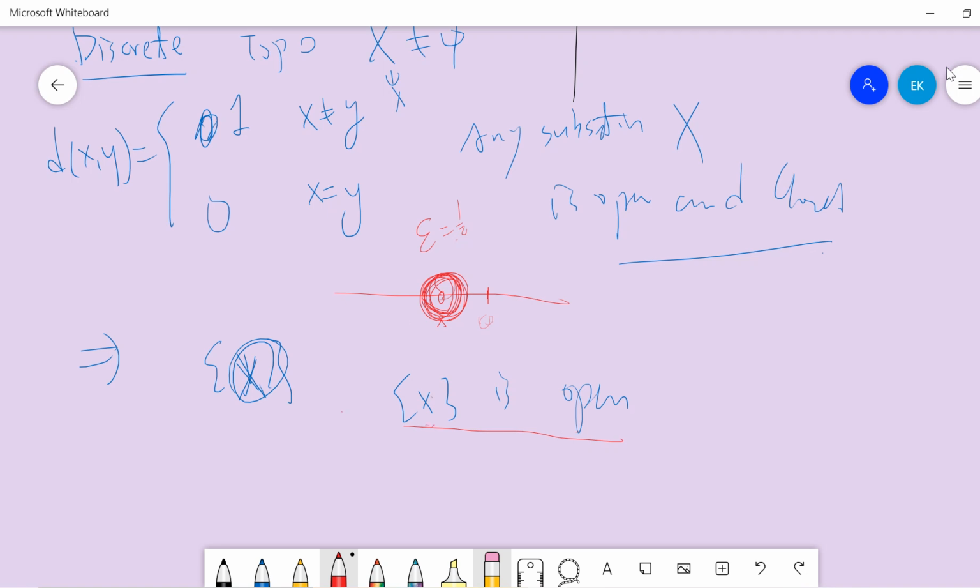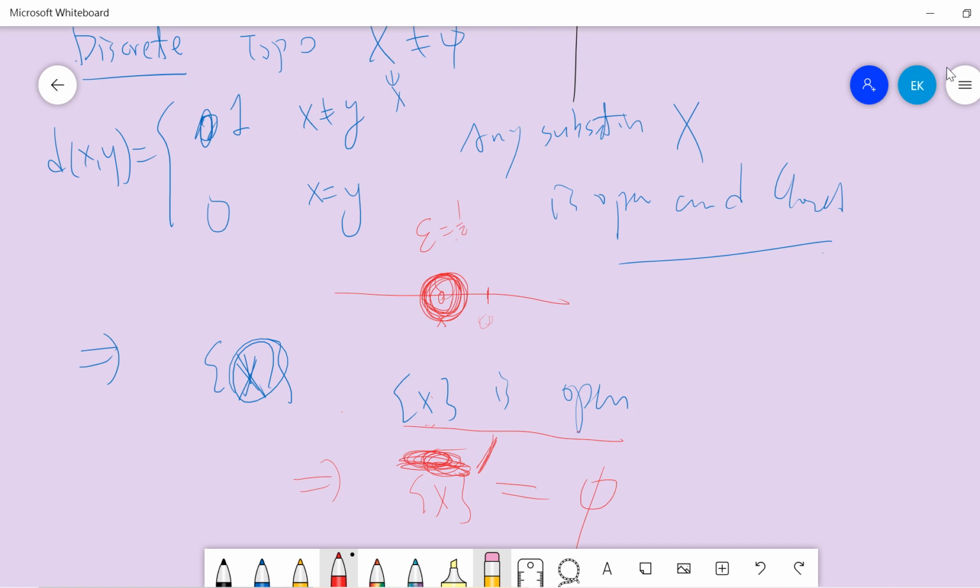So this is open. But what is the derived set of this x? There's no derived set, because once you kill x, then there are no other points which you can approach x with, right? So the derived set is empty. Discrete topology means that every point is its own connected component.